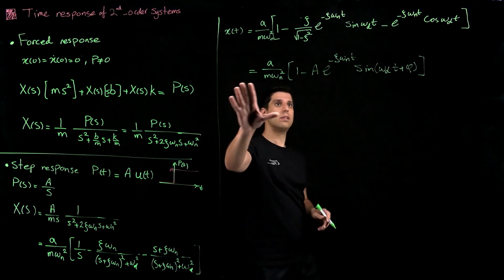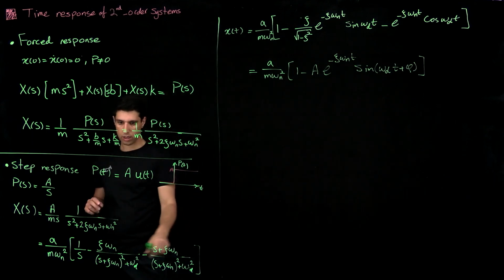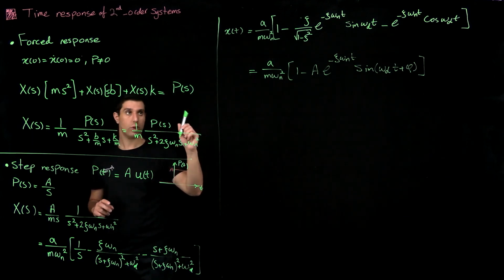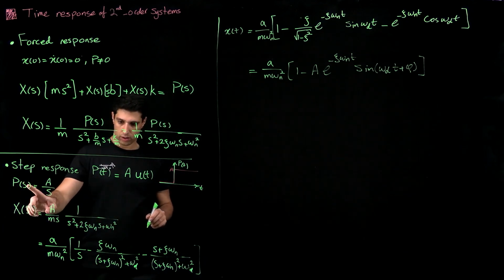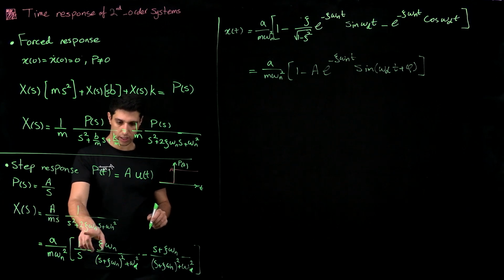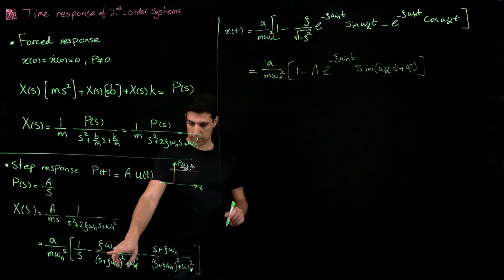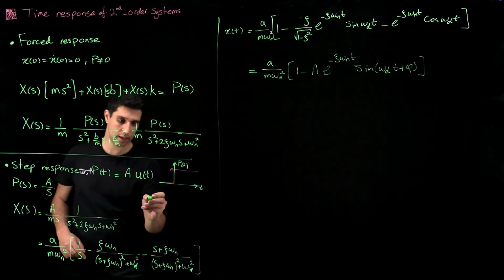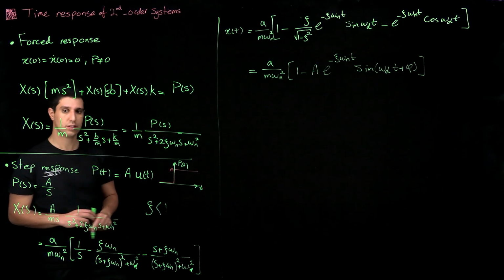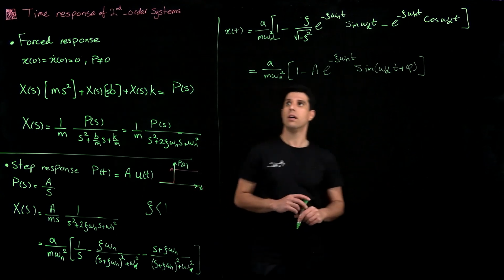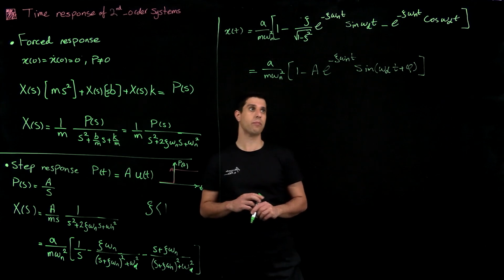And this is the step response of an, maybe I should have emphasized this here, that we are assuming an underdamped system. It didn't matter here. Did it matter? Yes, it mattered here. Here we assume z is less than 1 for this to work. But you could also do the same calculation when we had an overdamped system.